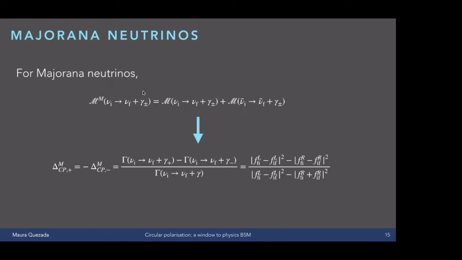So now the delta CP plus and minus will be only the difference between the decay widths of the case where we generate positive circularly polarized photons and negative polarized photons. So it's slightly different, but we still follow the same steps as before to obtain the form of this delta CP, right?